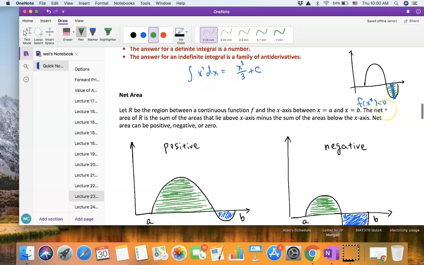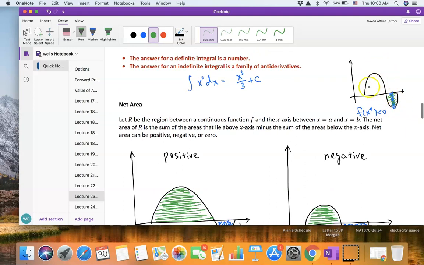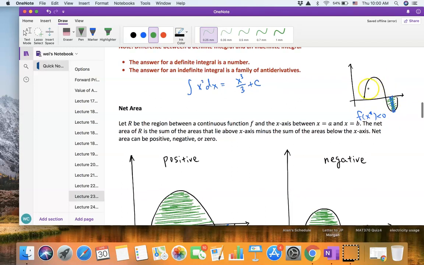Okay, so the total area of this is going to be the positive area of this region plus the negative area of this region. That's why we can see it as the area of this minus the area of this. Let's say, for example, the total area of this region is positive 5, and the total area of this region is negative 2.